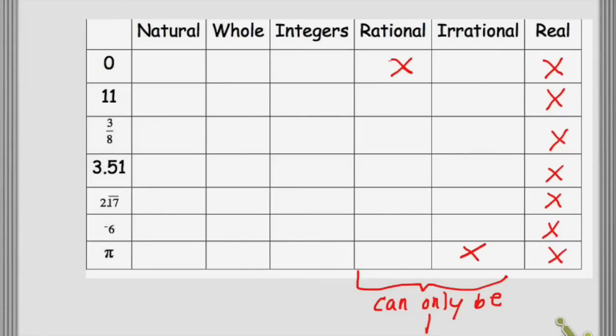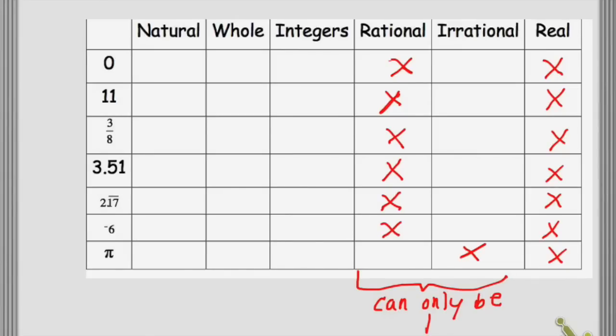It can be written as a fraction, 0 over 4, 0 over 5. 11 is rational as well. 3/8, obviously a fraction. 3.51, that's 3 and 51/100ths. That could be written as a fraction or mixed number. Now 2.17 repeating is a repeating decimal, so that can be written as a fraction, so that's rational. And -6 is also rational.